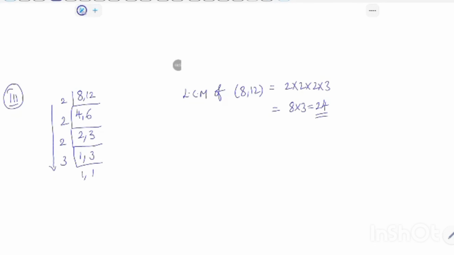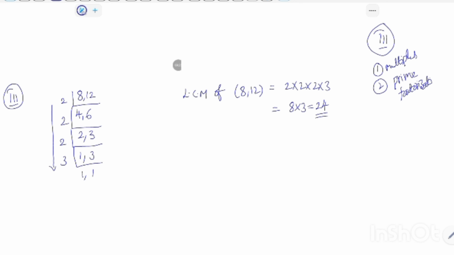Let me summarize this class. In this class we used three different methods to find the LCM of two numbers. In the first method, we wrote all the multiples and selected the least common multiple. In the second method, we did the prime factorization and took the product of highest powers of all factors.